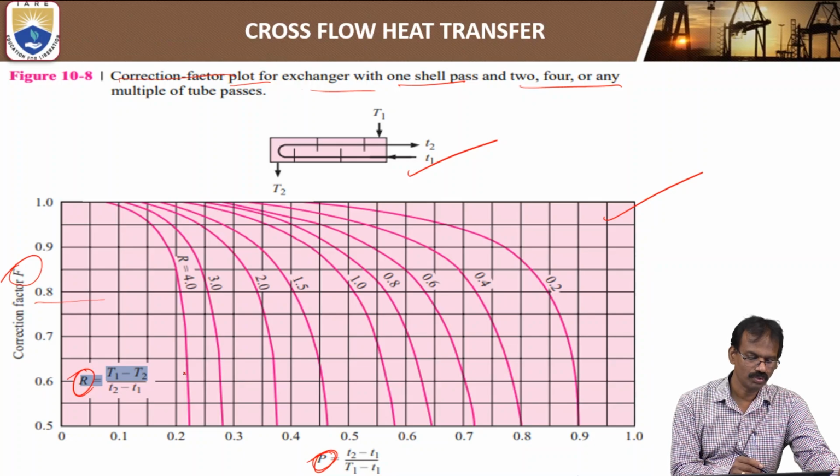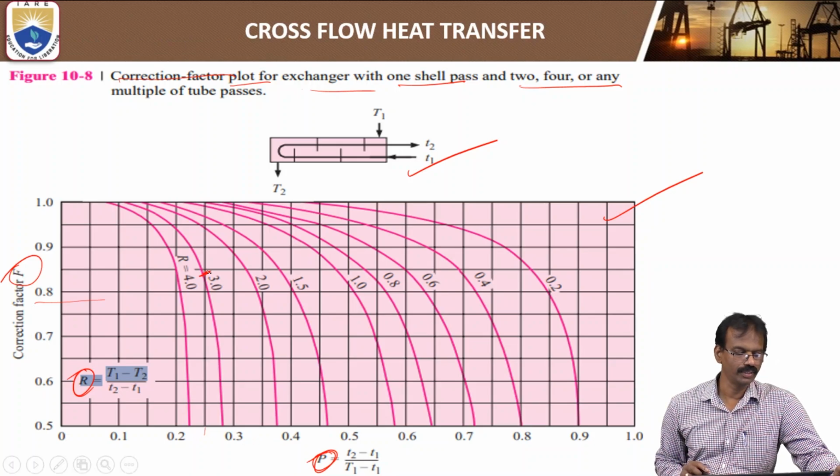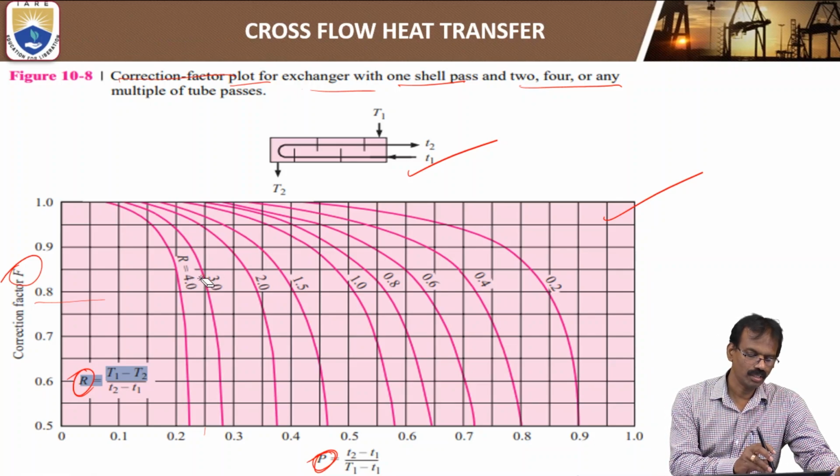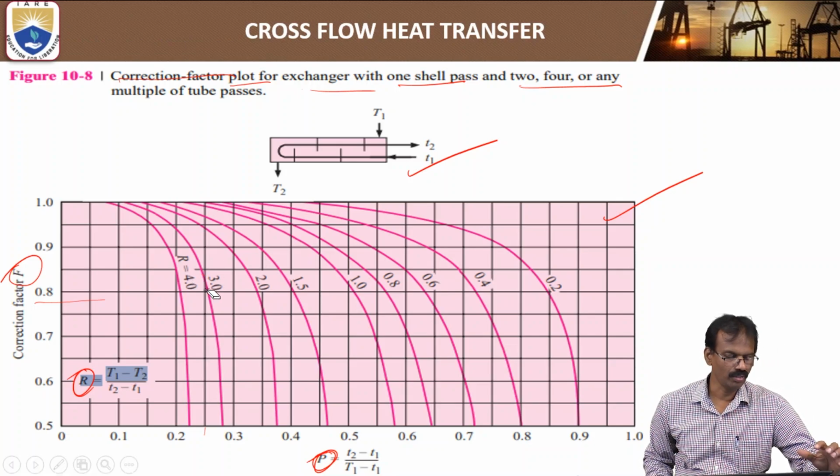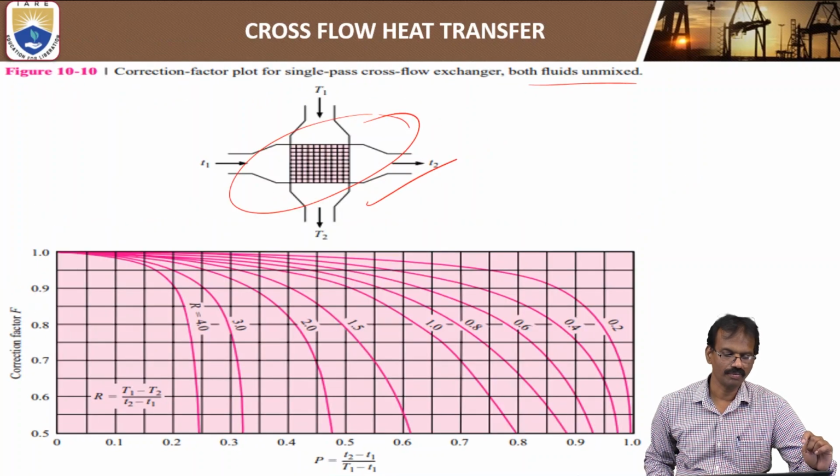Suppose R is equal to 3 and suppose P is equal to 0.4, or 0.25. In this way, we have to find out the F value by using the P and R values.